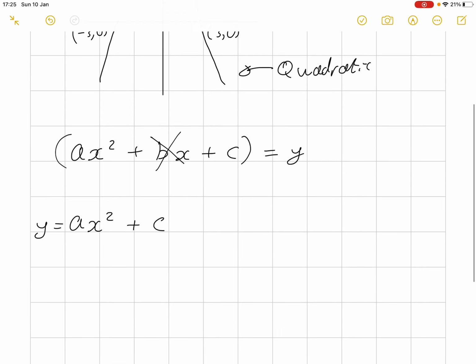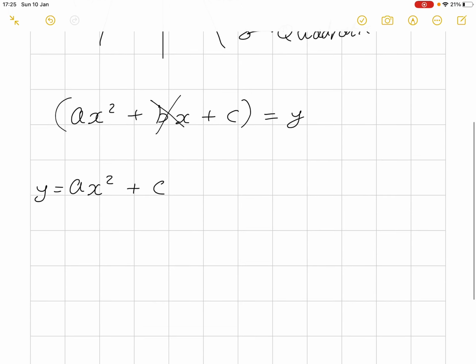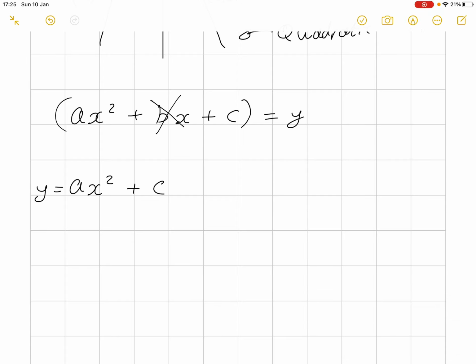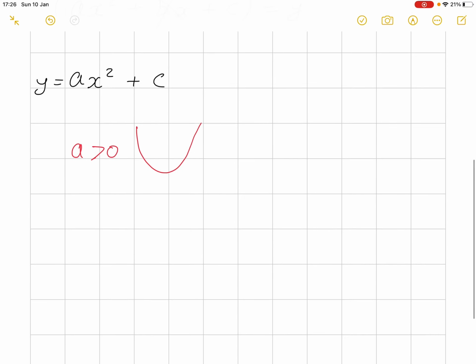And again, we can make some observations. This graph is orientated upside down. If a was positive, let me demonstrate this with a different color, the graph would look like this. But a is negative, and so we have a negative number.